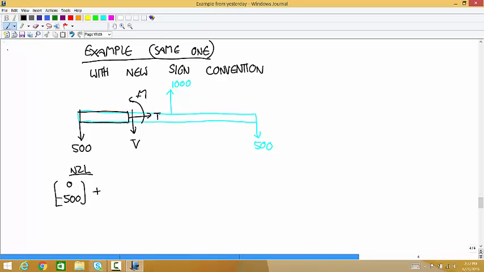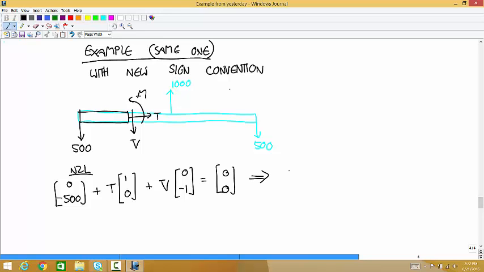So for T, what's the unit vector that points in the direction of that arrow? Yeah, positive 1, 0. So T times positive 1, 0. And then what's a unit vector in the direction of that V arrow? Yep, so we have V times 0, negative 1. And that's equal to the 0 vector.